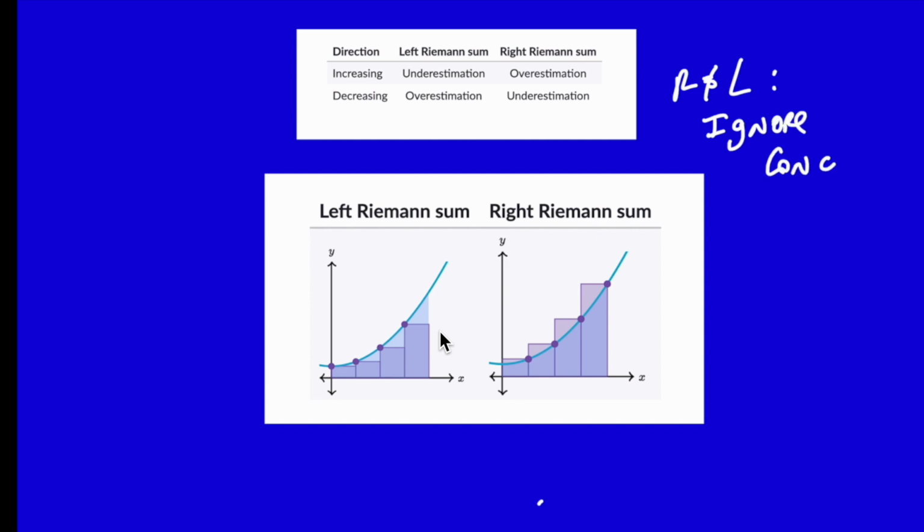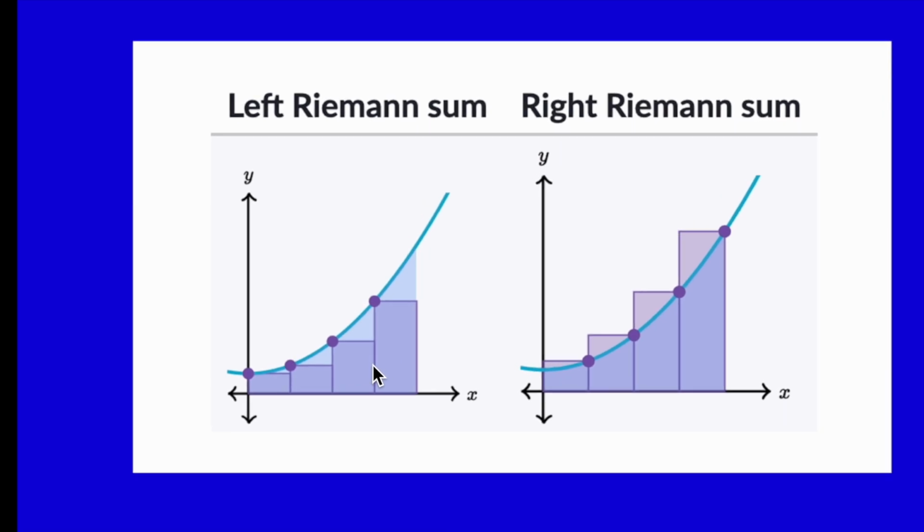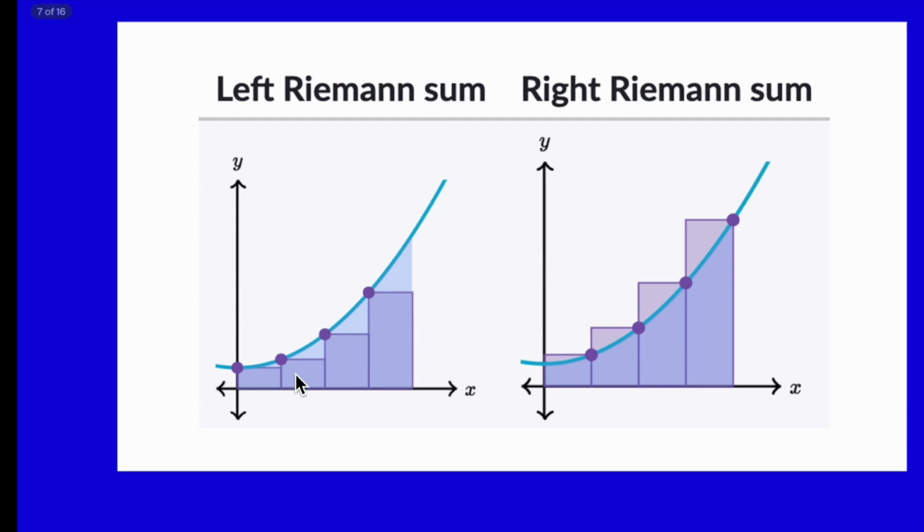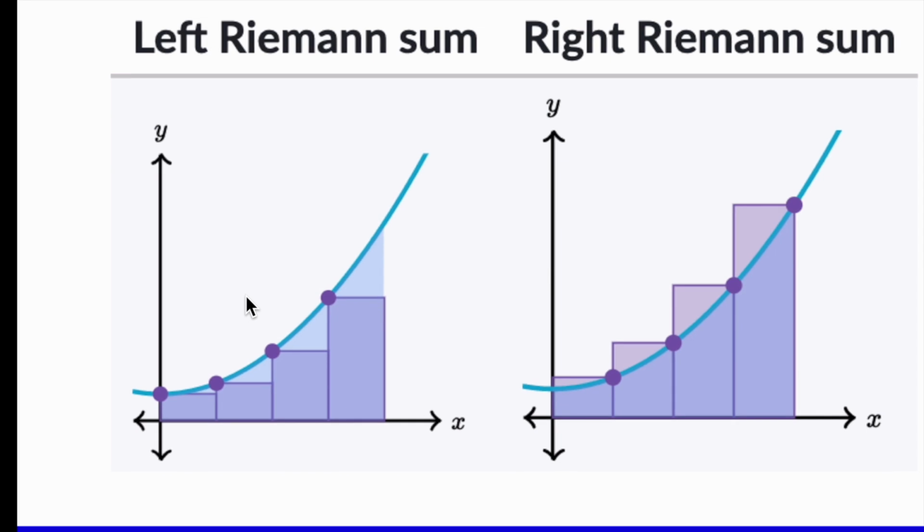Okay, so let's look at this first scenario where we have an increasing function and a left Riemann sum. So look what we did here. All the points on the graph, all the f ofs are in the upper left corner, and when we get to the point, we draw our horizontal line from left to right, and we create our rectangles.